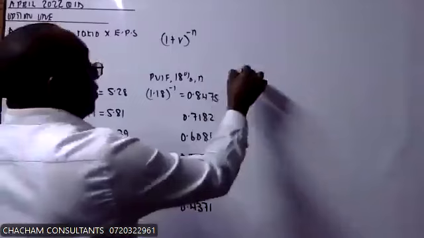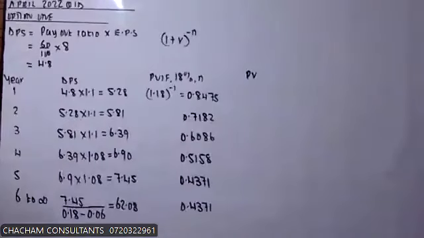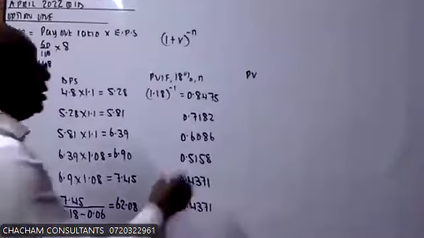So let's get the present value now. You take this and multiply by this. 4.4748.